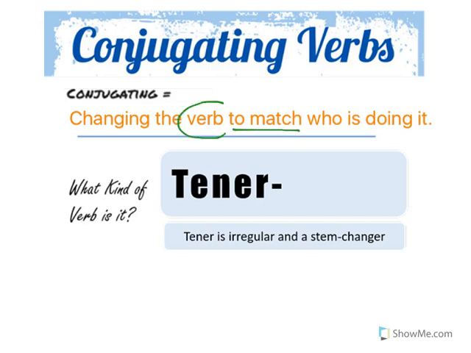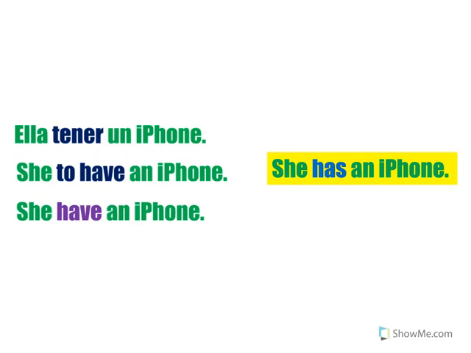What is a verb? A verb is an action word, and the one we're covering today is tener. Tener means to have, as in, I want to have a fast car, or I want to have $1 million.